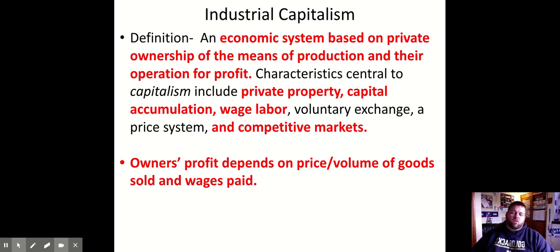All right, so all of these developments result in a system called industrial capitalism. We spoke during the French Revolution and the Enlightenment unit about laissez-faire economics. This is Adam Smith's idea that government should keep their hands off of economic functions.